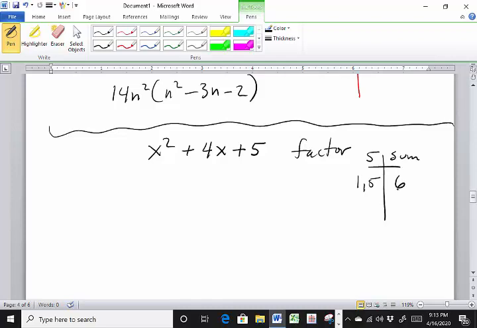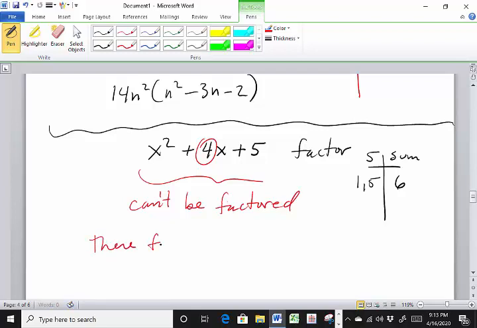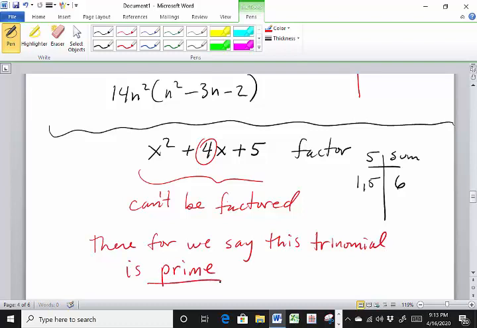There's no other options. Okay? And this says, right here, 4. So this can't be factored. Therefore, we say this trinomial is prime. So whenever you can't factor something, you'd say it's prime.